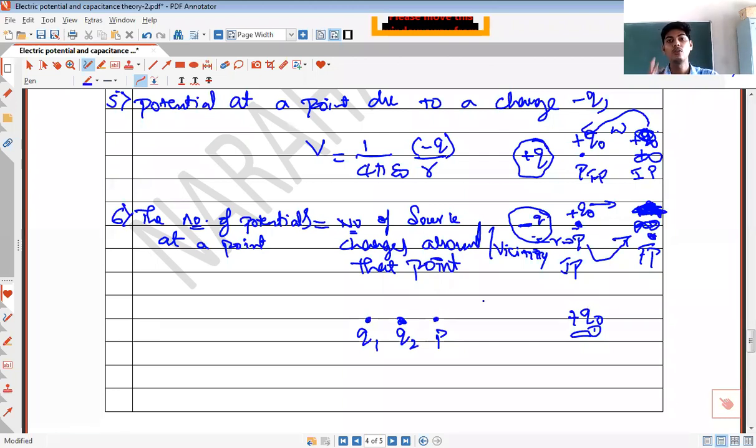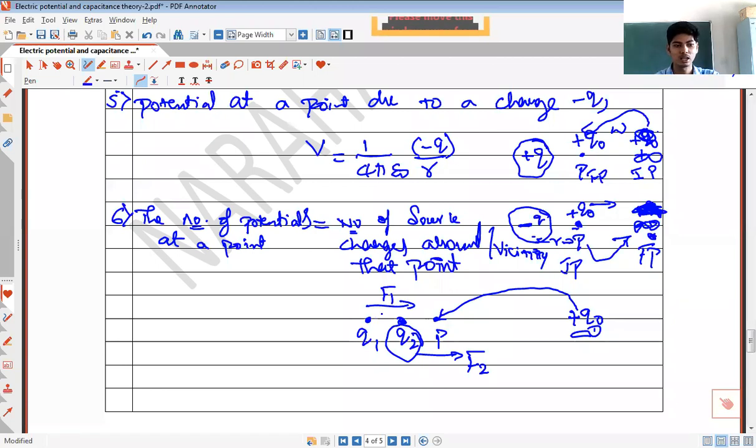Then I will have to do work against two charges. In order to move this test charge Q0 from infinity to point P, I will have to do work against the force exerted by Q2. Also, I'll have to do work against the force exerted by Q1.